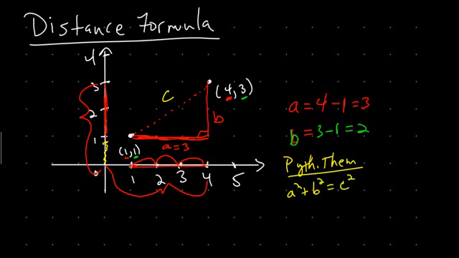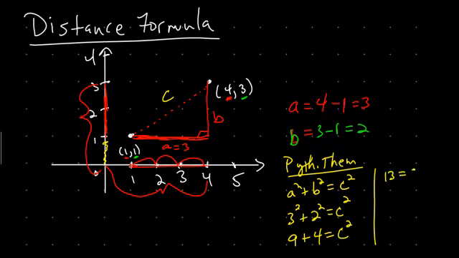And we know that a is 3, so 3 squared, plus b is 2, 2 squared, equals c squared. 3 squared is 3 times 3, which is 9. 2 squared is 2 times 2, which is 4, equals c squared. And 9 plus 4 is 13, equals c squared.